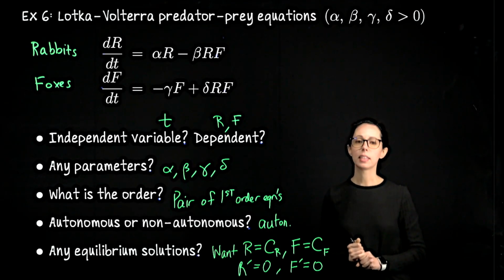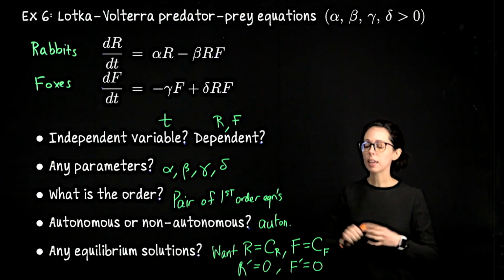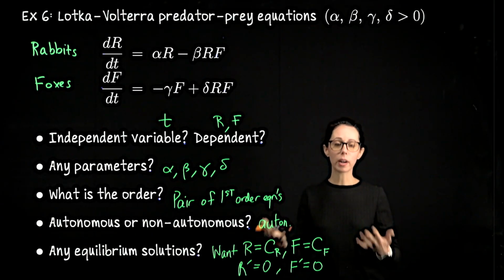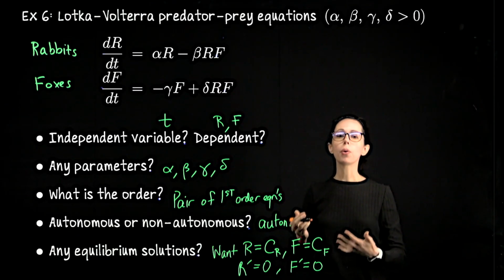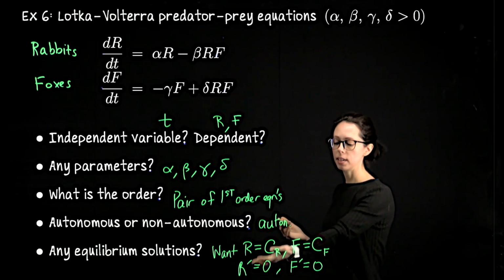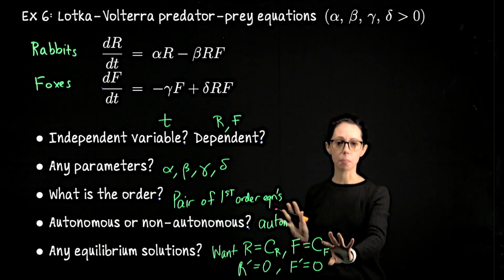Let's find the equilibrium solutions for this pair of differential equations. If there is an equilibrium solution, the left-hand sides of this pair of differential equations would both have to be zero because dR/dt and dF/dt would always be zero for any equilibrium pair.